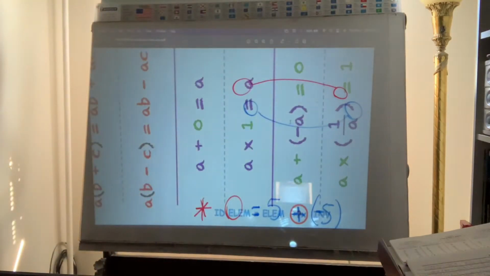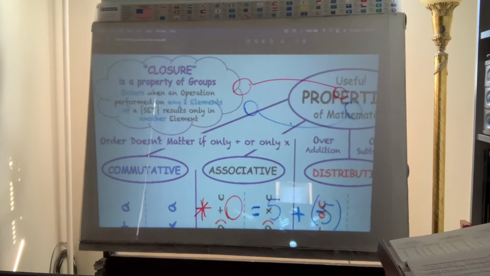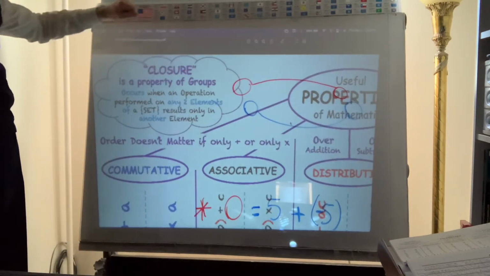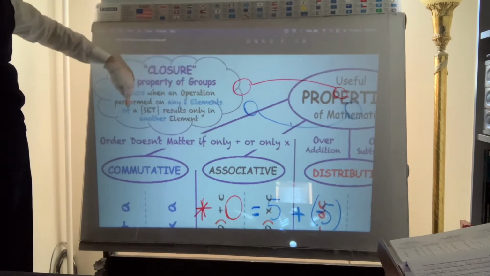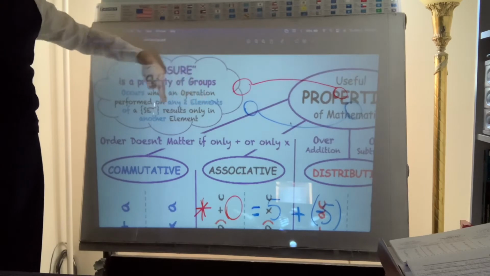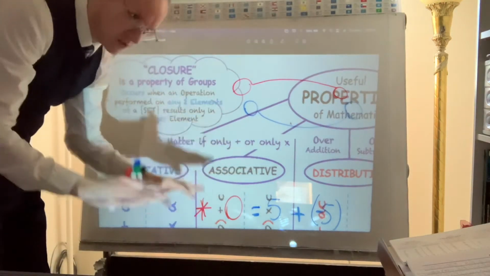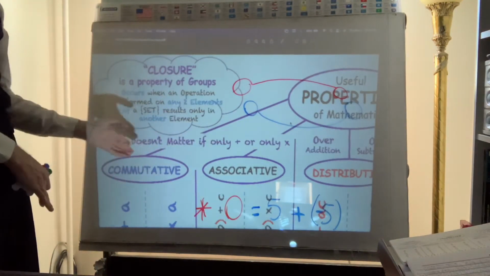Lastly, before I change the slide here, look over again at this corner. Sorry to make you dizzy. Closure, just to remind you, is the property of groups. It occurs when an operation performed on any two elements of the set results only in another element, meaning more of the same type of number, whatever that number is: natural numbers, whole numbers, integers.